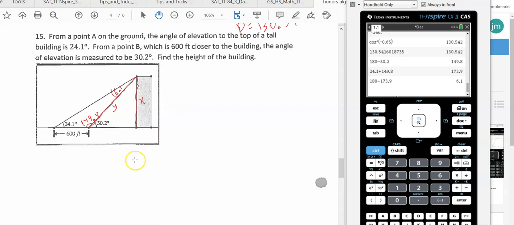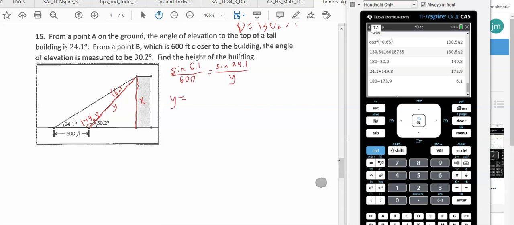So let's use law of sines to figure out y. Sine of 6.1 over its opposite side, which is 600, equals sine of 24.1 over its opposite side, which is y.